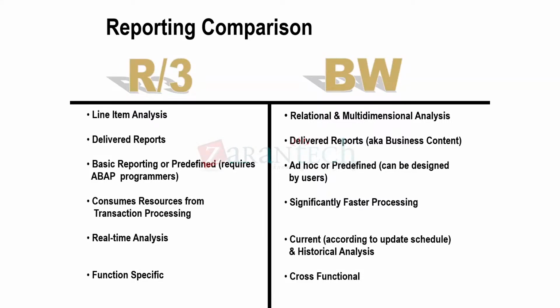So this tool is typically meant for reporting at a very detailed level, whereas BW, as I mentioned, is used for reporting at a segregated level. The reporting in R3 is usually two-dimensional. You cannot drill down further into detail levels, whereas in BW, the beauty about any data warehouse, not only BW but other data warehouse tools as well, is that we have the flexibility to go for multi-dimensional data analysis.